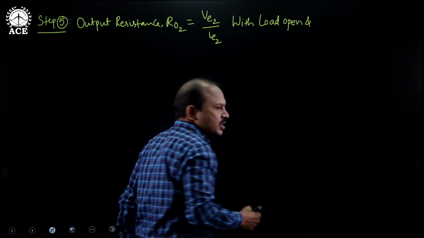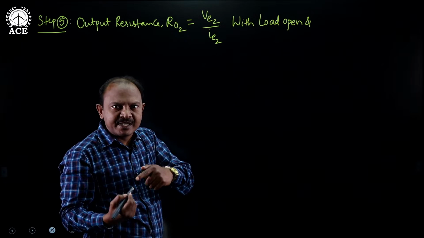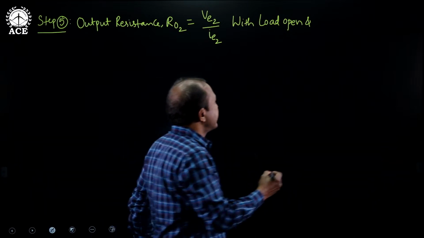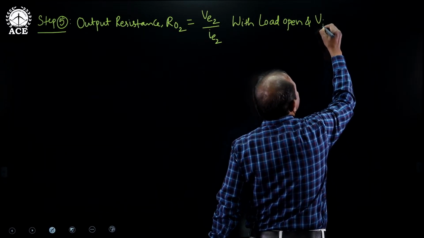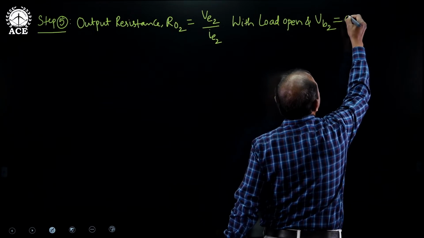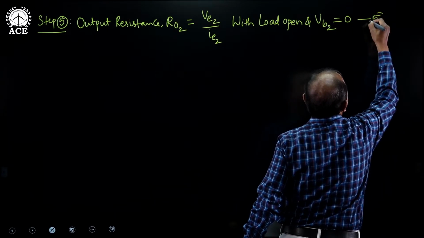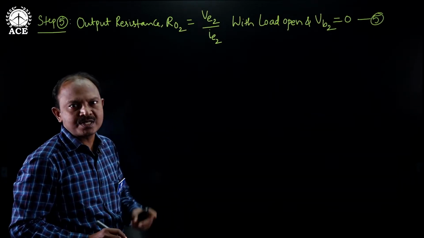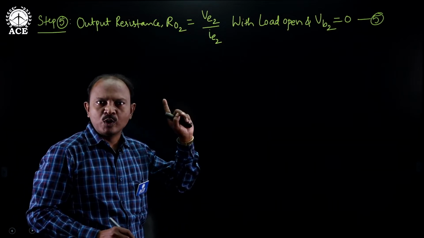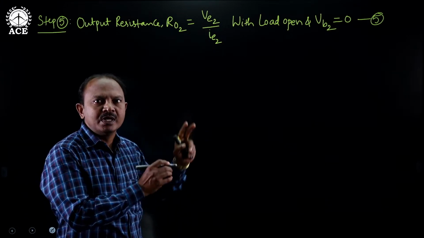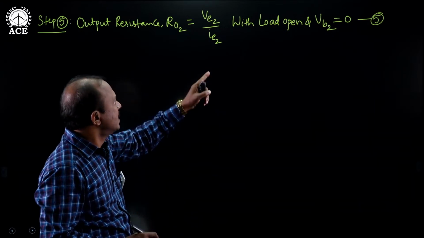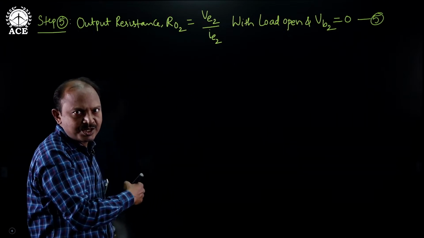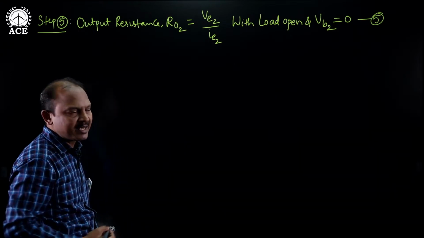And the other one is to avoid the effect of input independent parameters on the output parameters, we have to set input voltage 0, means VB2 is supposed to be set 0. These are the two conditions we are supposed to implement while estimating output resistance. Not only in this circuit, in any amplifier circuit while estimating output resistance, two conditions: one is load must be open, and second one is input voltage should be set 0. So load open, VB2 0 are the two conditions. We will be using those two conditions at a later stage to complete the analysis here.